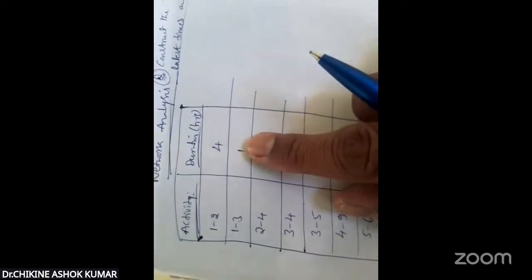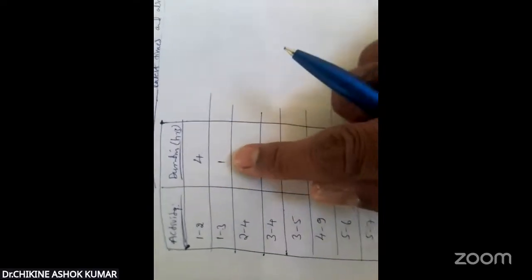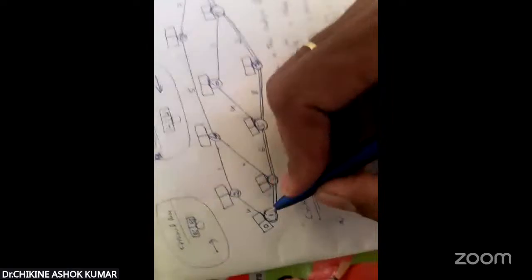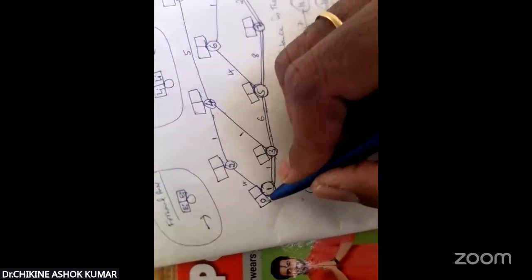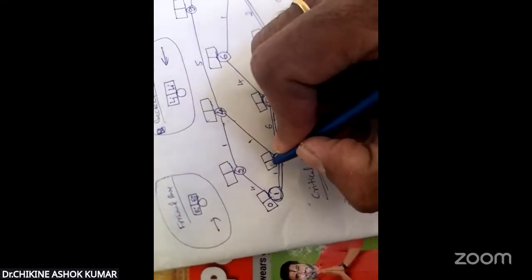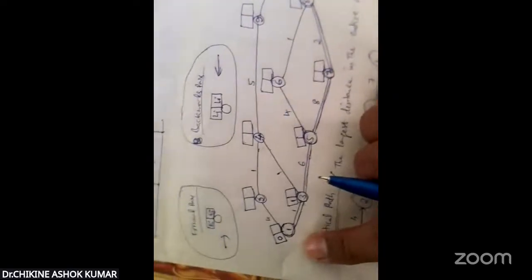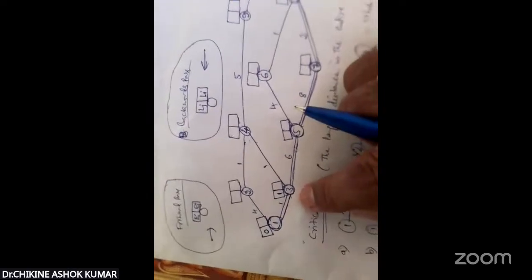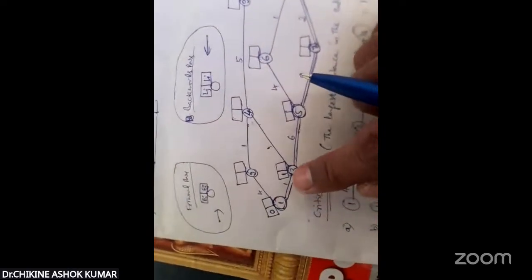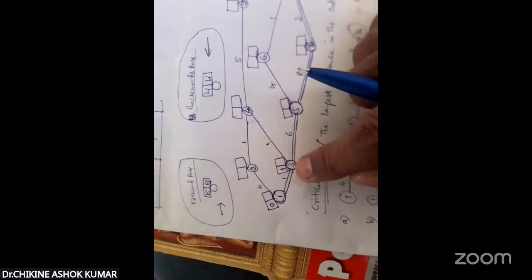It is given in the question itself: 1 to 3, 1 hour duration. For finishing this activity, it takes a 1 hour duration period. So starting with 0, 0 plus 1, write down 1 here. From 1 to 3 activity, it has taken a total of 1 hour duration period of time.